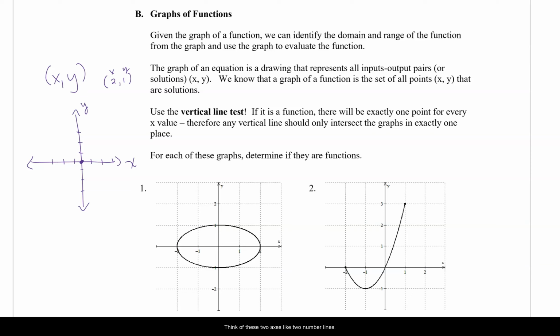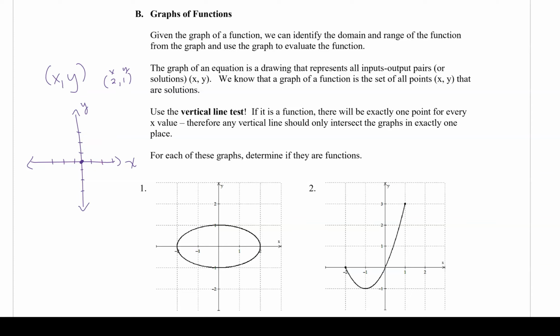Think of these two axes like two number lines. We have a number line for x and a number line for y. And so if I think about them as number lines, x being 2, y being 1, I'm really looking at the place where if I extend them vertically and horizontally, I find that one point, 2, 1.